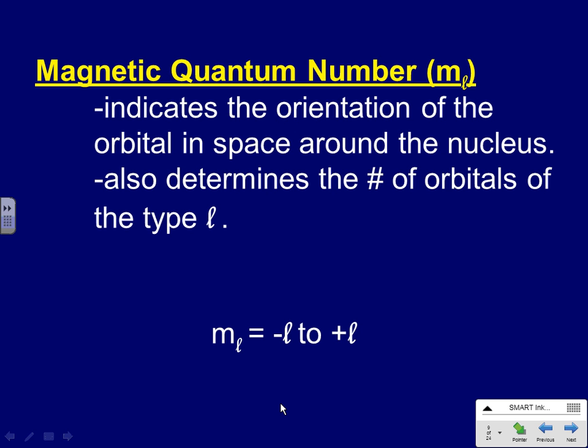The second quantum number would be like the type of room, whether you got the cheap little room or you got the good room, right? And then the third one are each individual room, right? So the type of room you could have, and then now how many of those individual rooms are we talking about? So we're almost done building our dormitory. This tells us how many of each type of room there is.